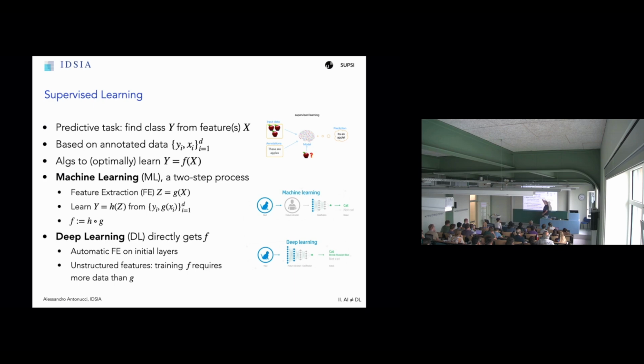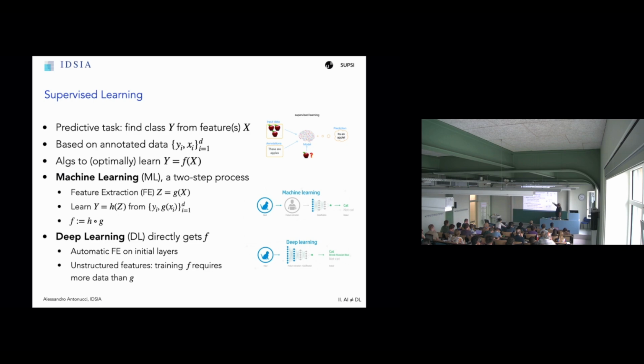We describe the object we want to predict by a number of features, and I typically use X for the features, and we want to predict, say in a discrete setting, the class, and the class is Y. We have this data, and from this data, we want to train a general model, and the general model should be able to make a prediction. So given an observation, it should tell me whether this is a cat or a dog or whatever, should predict the class. This is what supervised learning is supposed to be.